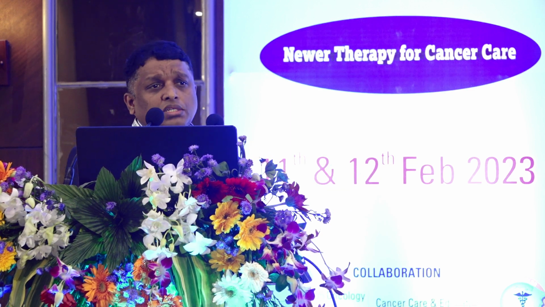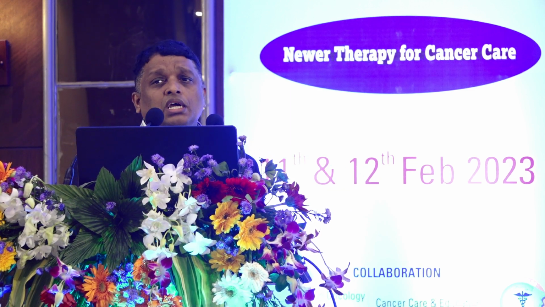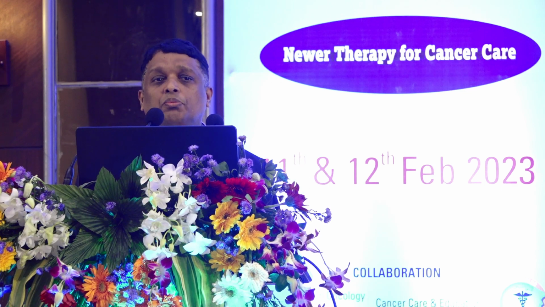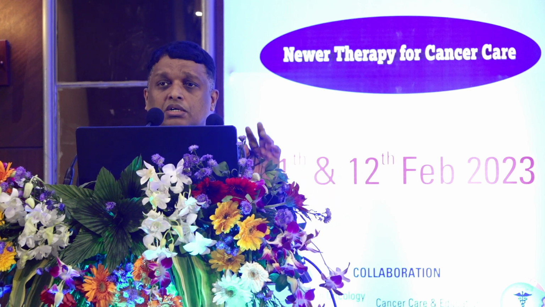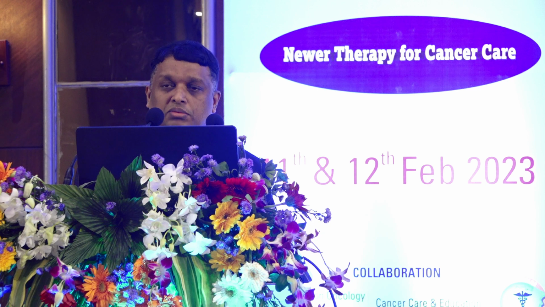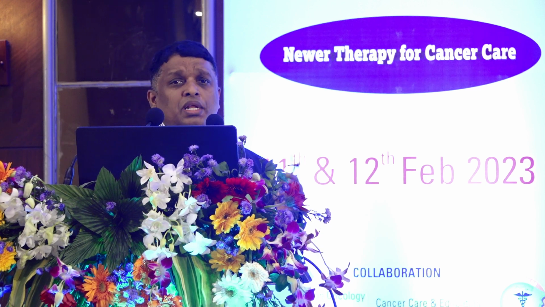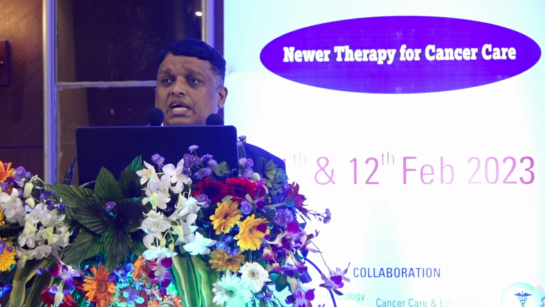And when we talk about risk stratification, the Gleason score, the PSA, and T stage are very important. All three play a role in finding out what risk group you are dealing with. The main groups are low risk, intermediate risk, and high risk.